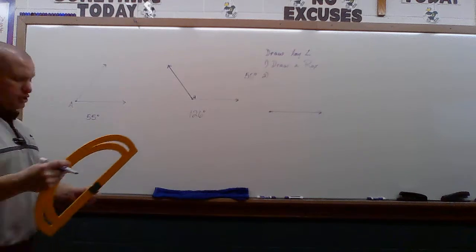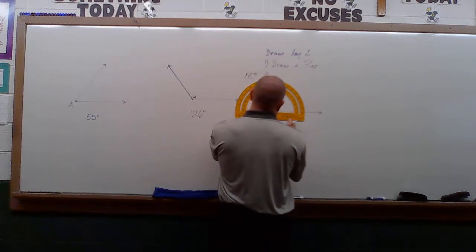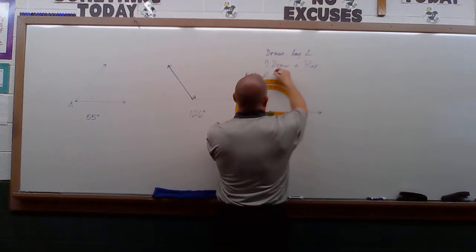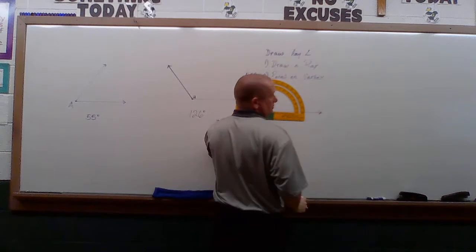So how do we determine this? Number 2, we're going to put our point, or however you signify whatever the middle is. So put the point on the vertex. Okay?